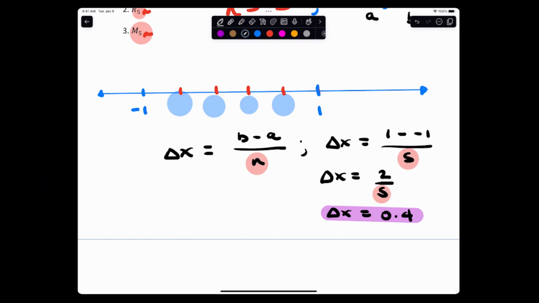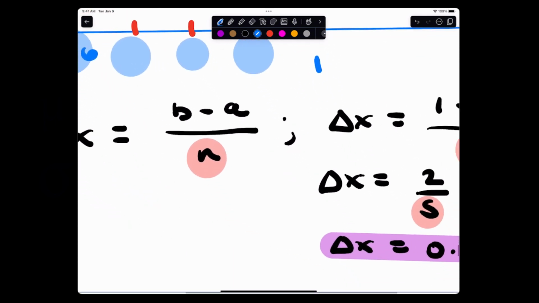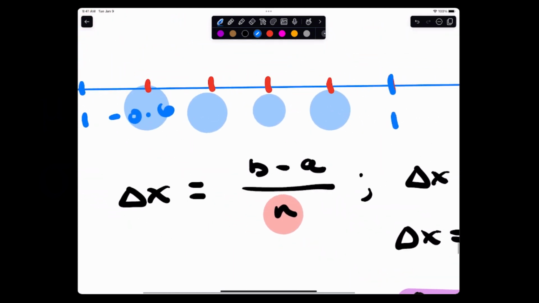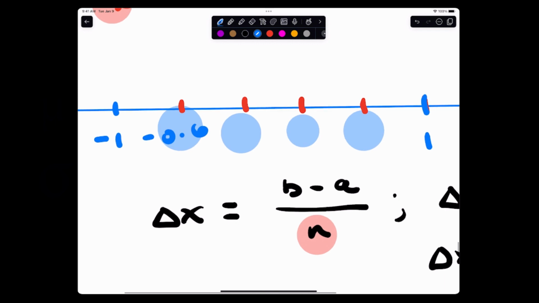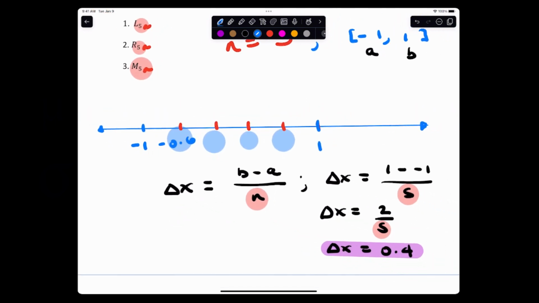So -1 plus 0.4, you know what that is? It's negative 0.6. Then plus another 0.4, negative 0.2.